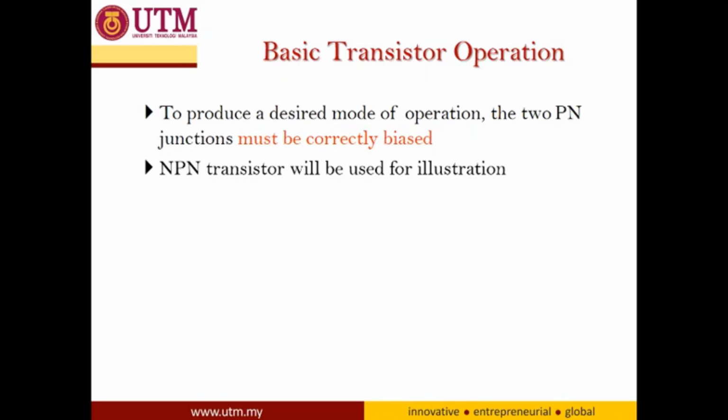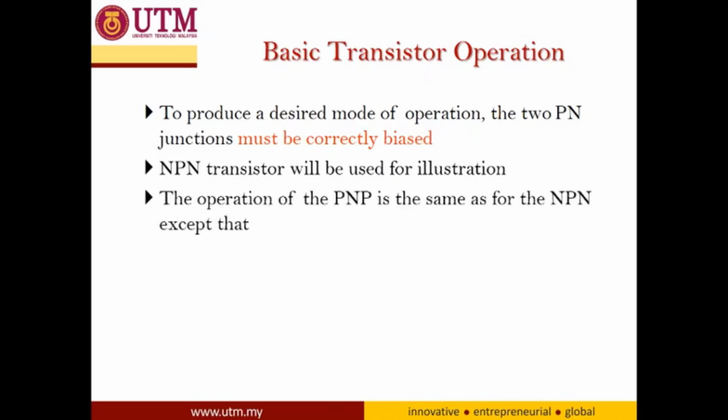Okay, an NPN transistor will be used for illustration. Although we have two types of transistor, PNP and NPN, for explanation I will explain only the NPN transistor. However, the explanation of PNP is quite similar to NPN.